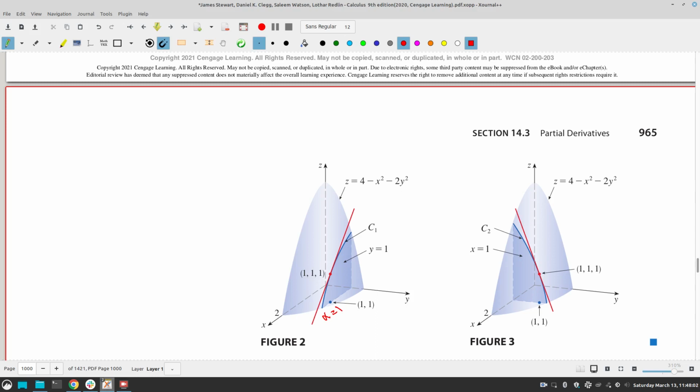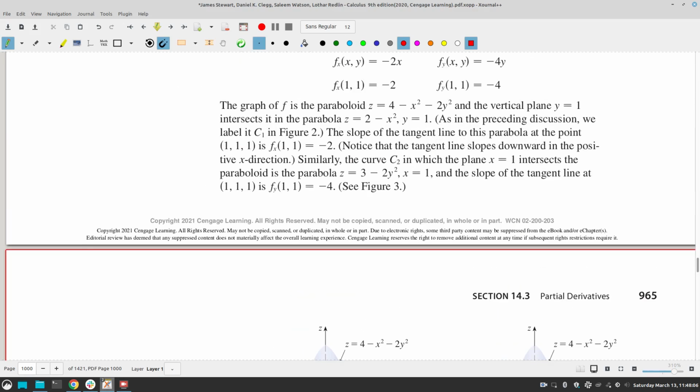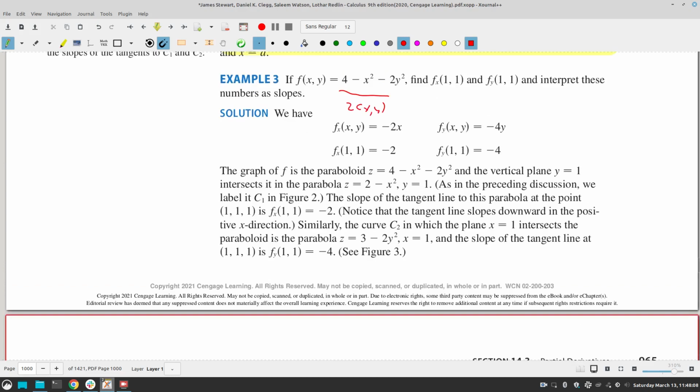Now, what do partial f over partial x and partial f over partial y give you? The standard notation is to write the 1 as a subscript.